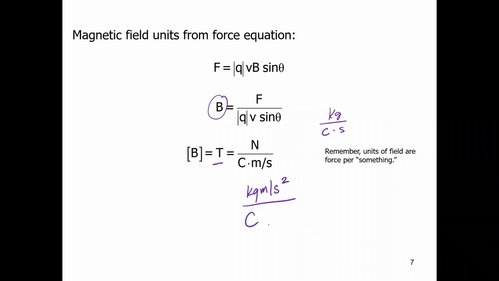So if we divide by coulombs times meter per second, meters cancels, and one of the seconds cancels. So on the top you get kilograms per second divided by coulombs, so then you just move the per second down to the bottom. So that's going to give you another way to show that if we use this equation, we still get units of Teslas.